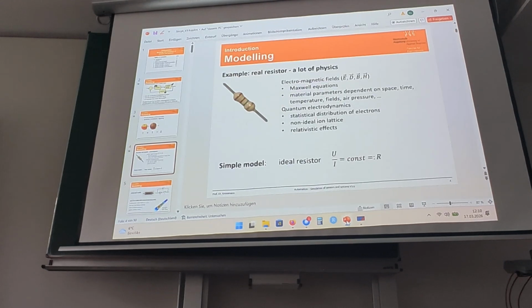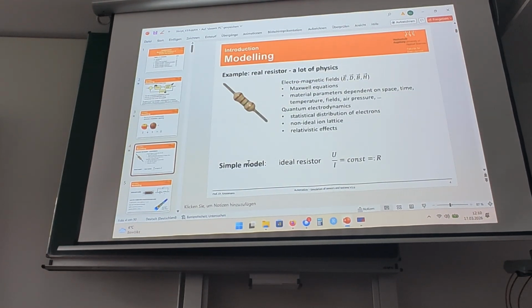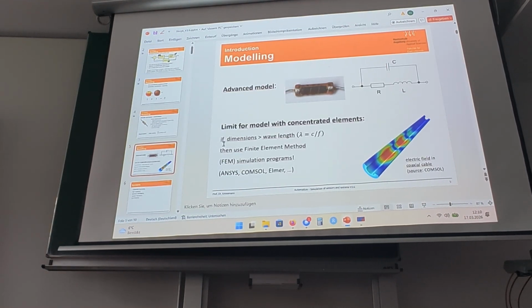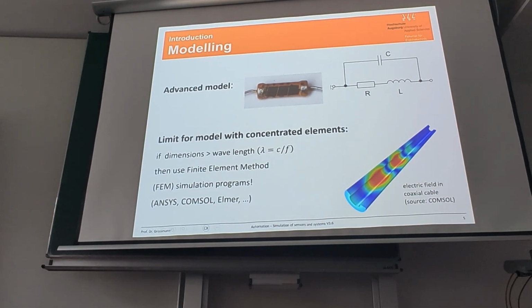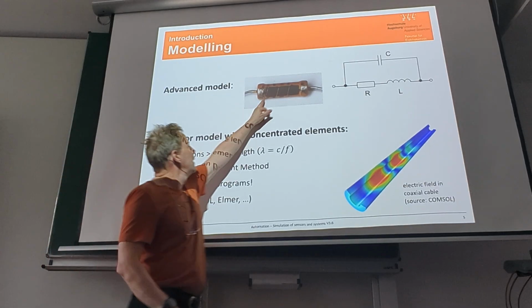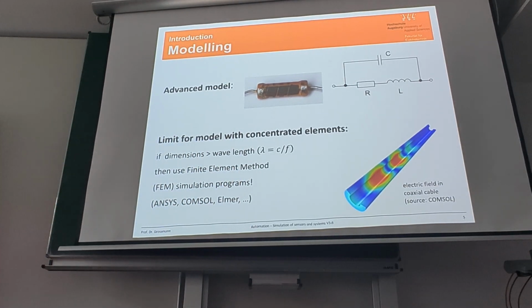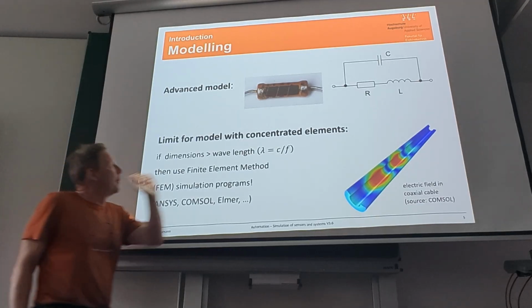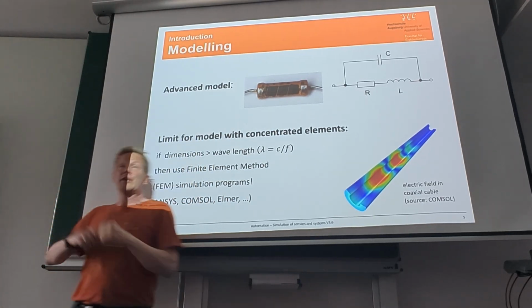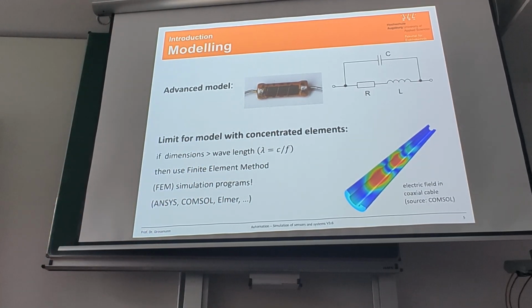Okay, and that is because we have, in the real resistor here, I scratched away the lacquer so you can see what is inside the resistor. The black tube does not conduct, but on its surface you see something like a coil.